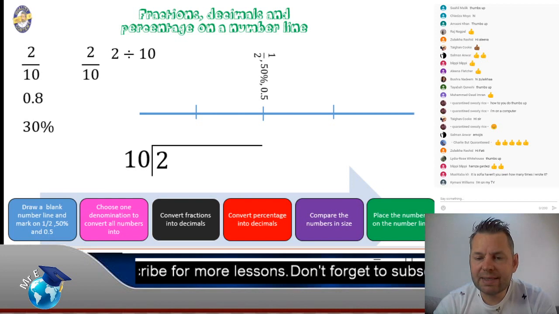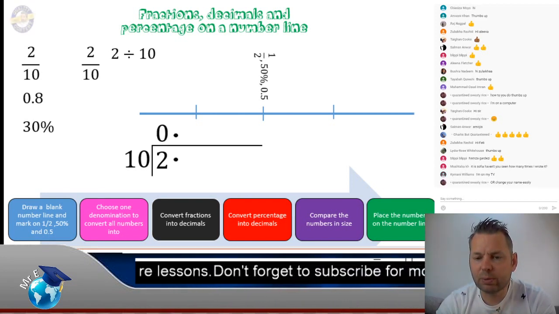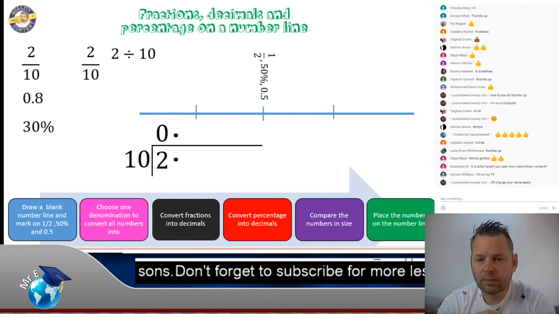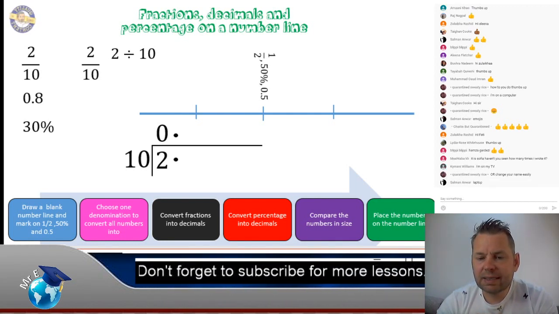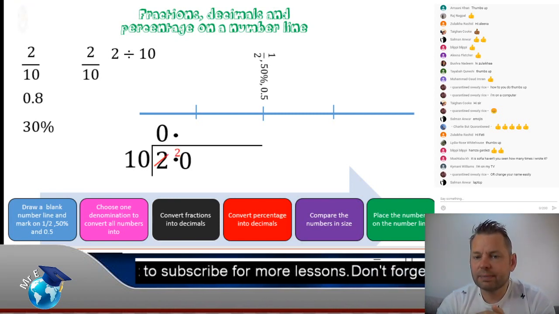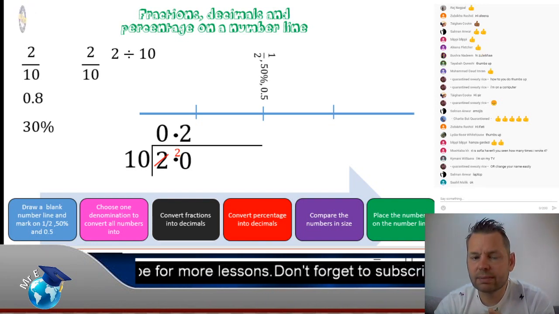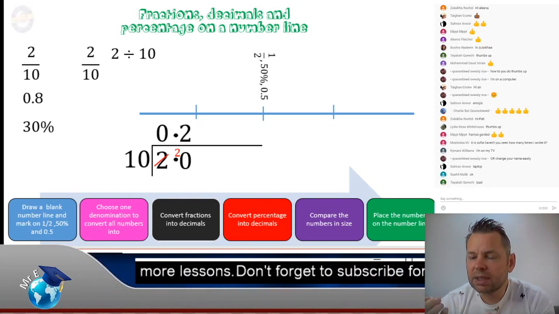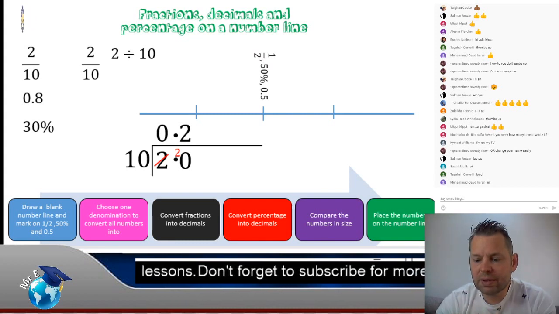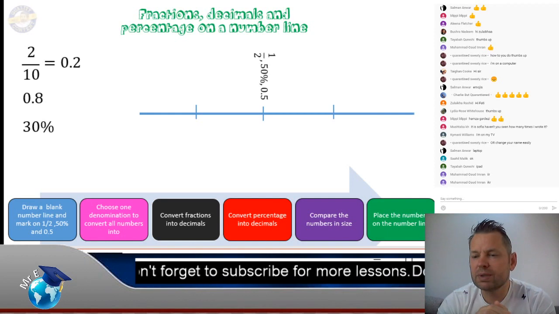And I'm going to put my 0, because I know it's going to be less than 1, and my decimal point. And then I'm going to divide 20 by 10, and 10 goes into 20 2 times. So my equivalent decimal of 2/10 is 0.2 or 0.20.